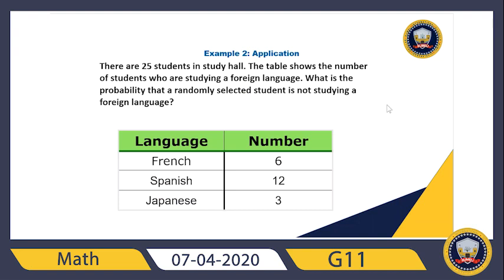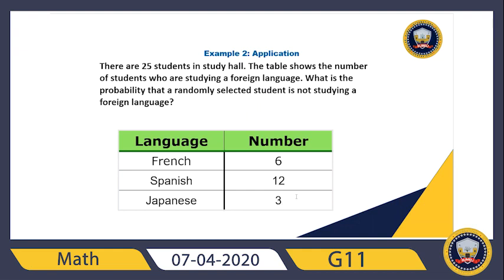In this example, we have a total of 25 students in one of these study classes, and this table shows us how many students are taking each one of these classes. For example, for the French class we have 6 students, for the Spanish we have 12, and for the Japanese language we have 3.